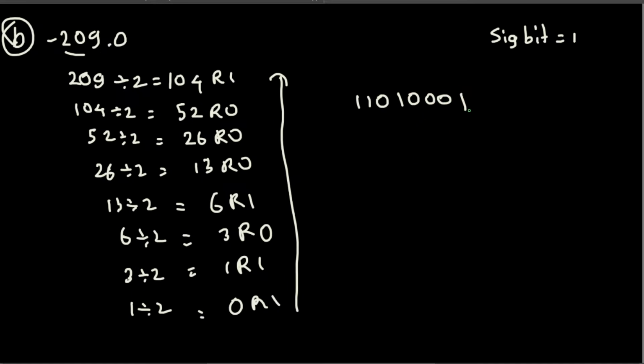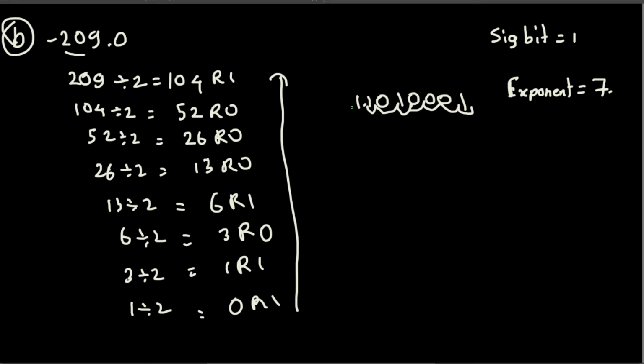To find out the exponent, I move from here 1, 2, 3, 4, 5. To reach the point, we need 7 moves. So the exponent is 7. And if I convert this one into decimal with this point right here, that's going to be the mantissa.